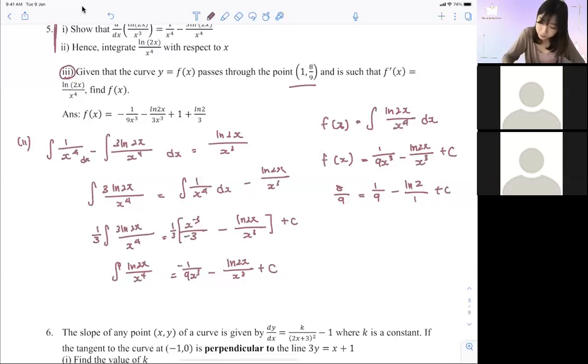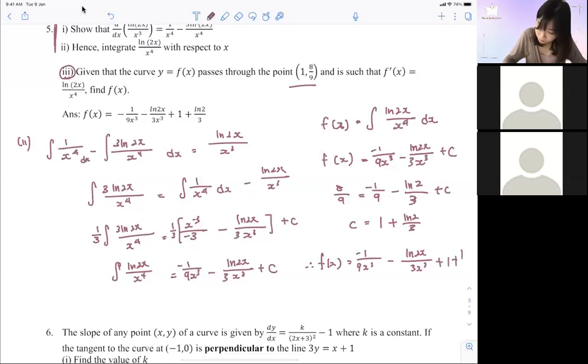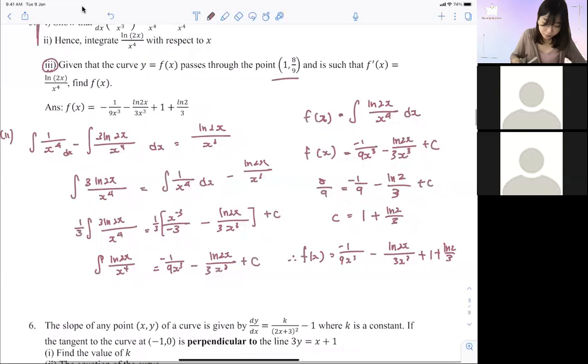Oh, there's a minus here, sorry. Therefore, f x is equal to the answer.